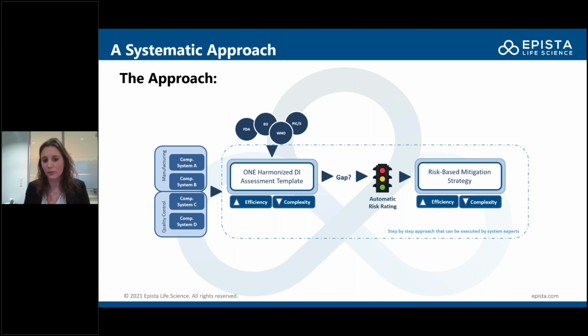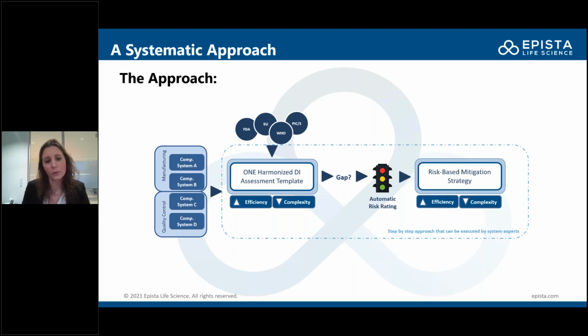Again, it could be quality control, it could be manufacturing, and then to have one harmonized template that you can use to assess them. Of course, that template should include all the requirements that you get from FDA, from EU, WHO, PICS, whatever you name it. Those are the regulatory requirements that you are working with. And really have this one template to increase your efficiency, but also to decrease complexity, because everyone knows, okay, this is what we do and this is how we walk through.